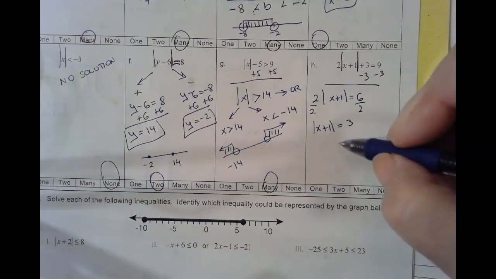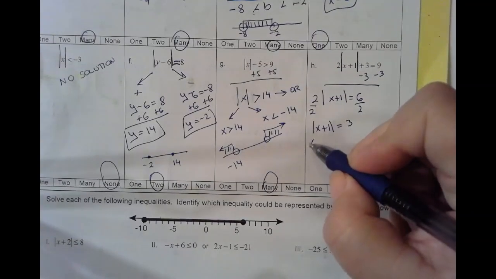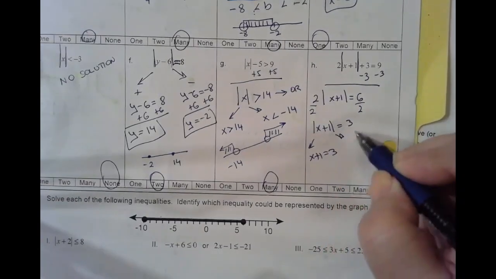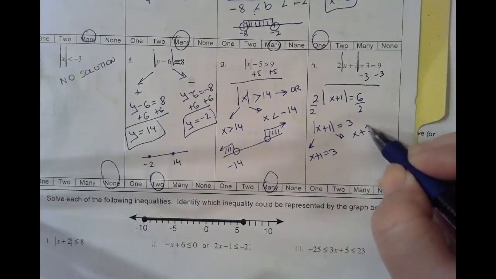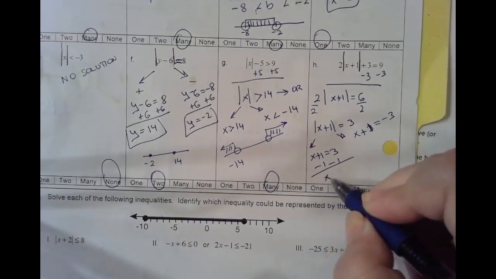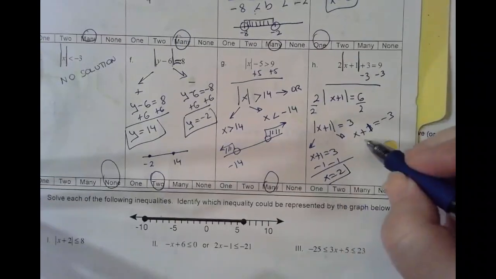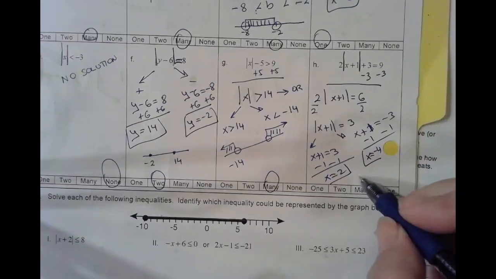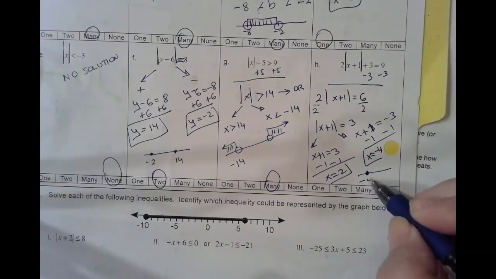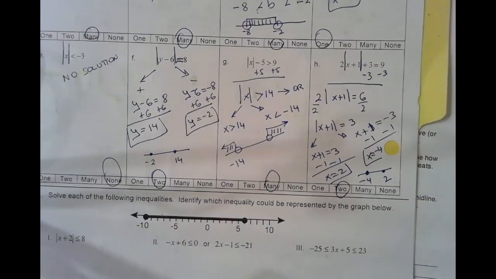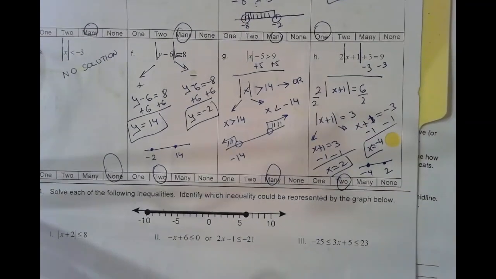And now notice that I have an equal sign, so I can open my gates, and my first equation is positive 3, plus 1 equals negative 3, so subtract 1, x is 2, and x is negative 4. And if I do the number line, negative 4 and positive 2, you only have two solutions. Nothing in between.